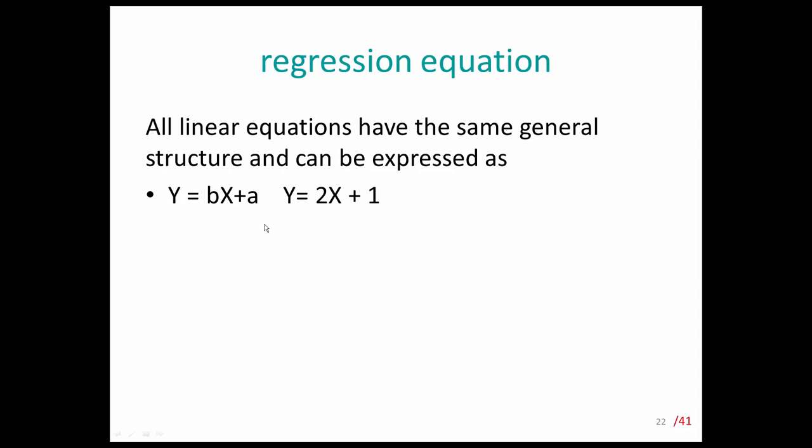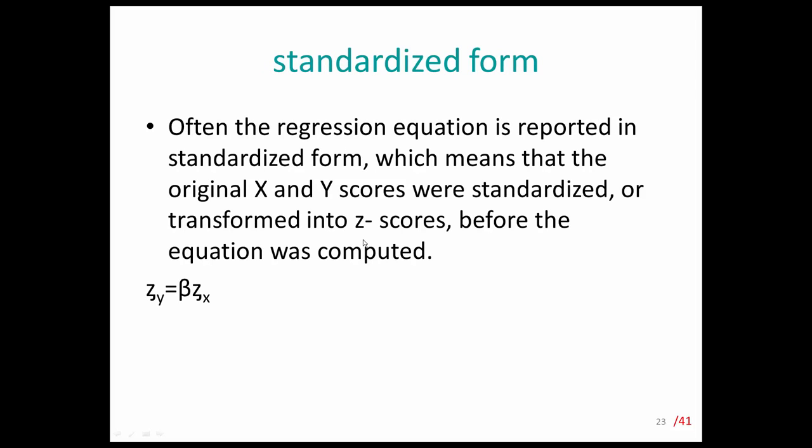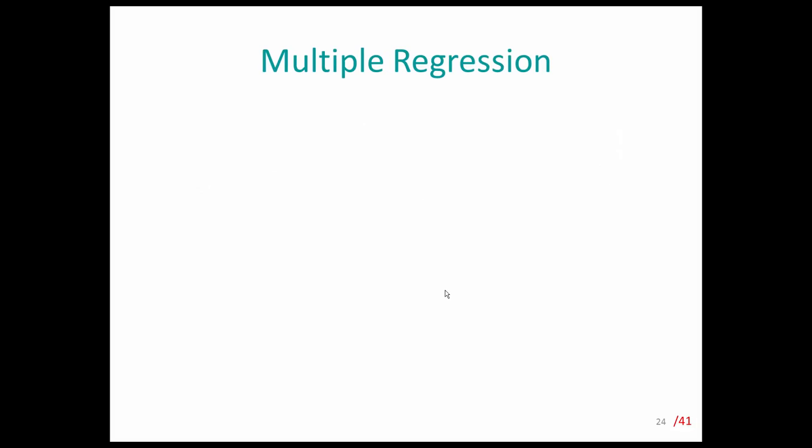The regression equation has y and x in it, and y is your criterion and x is your predictor. So if you have your participant's score on x, you can predict his or her score on y. There is another formula for regression that's based on z-scores or standard scores instead of using the raw score. Sometimes we have to use multiple regression when we have multiple predictors.